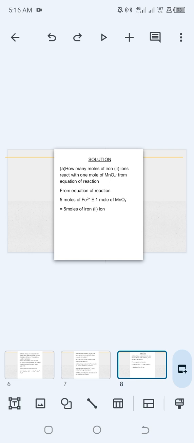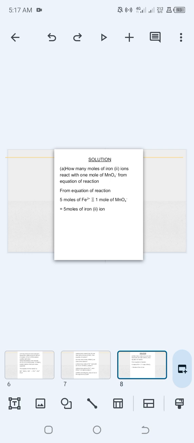The question in A says, how many moles of iron 2 ions react with 1 mole of MnO4⁻ from the equation of the reaction? In the equation of reaction, we can see that 5 moles of Fe²⁺ reacted with 1 mole of MnO4⁻.